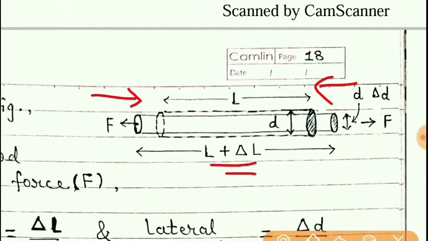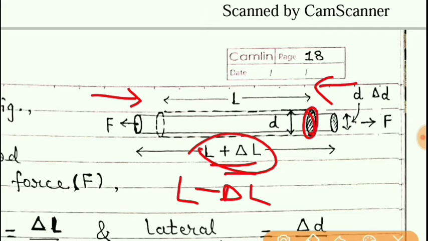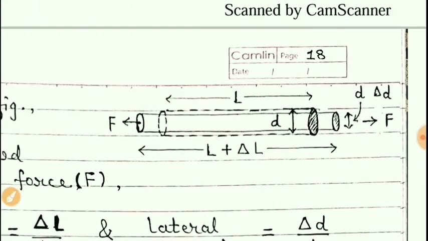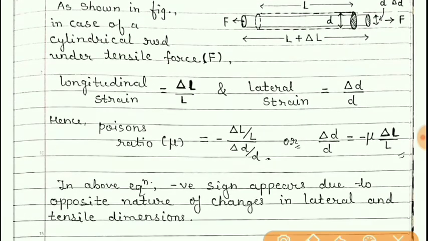Here the length will decrease, so this will be L minus delta L. But in this case, the cross section will increase, the diameter will increase. If you compress the cylinder or cylindrical wire, its diameter will increase, so here there will be a plus in that case. So always these two are of opposite nature, and that's why there is a negative sign. So this negative sign makes mu positive.